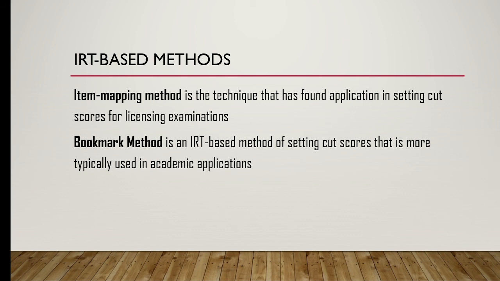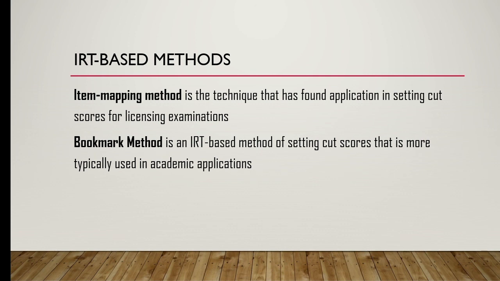The methods described thus far for setting cut scores are based on classical test score theory. In this theory, cut scores are typically set based on test takers' performance across all the items on the test. Some portion of the total number of items on the test must be scored correct, or in a way that indicates the test taker possesses the target trait or attribute, in order for the test taker to pass the test.